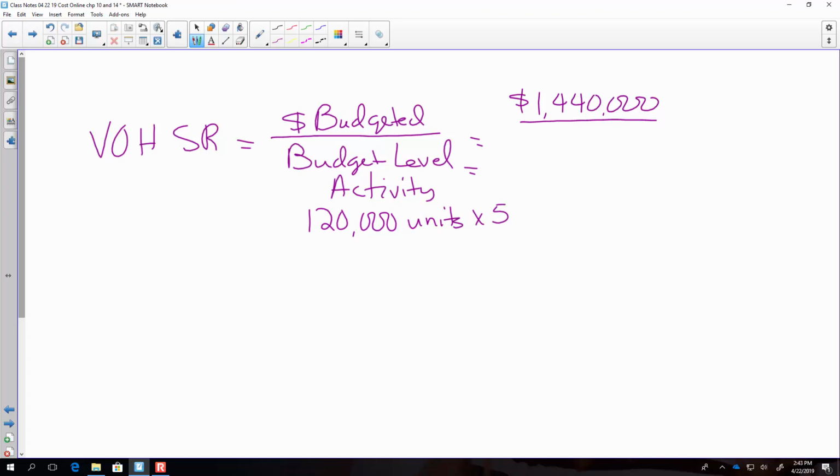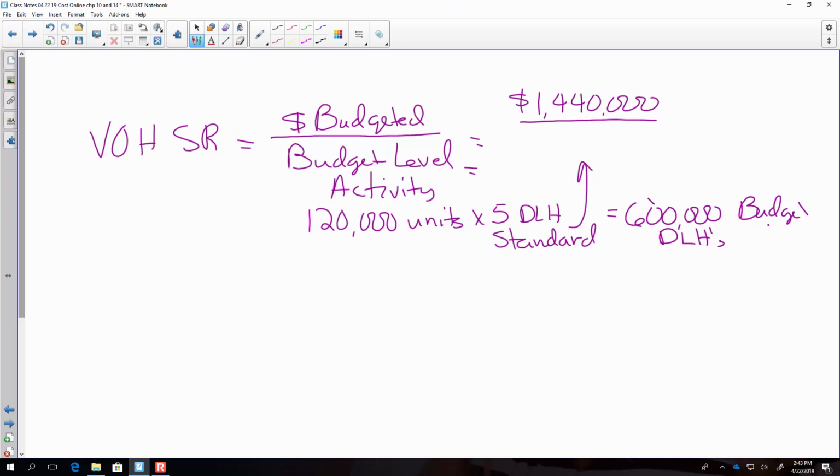And we are going to use direct labor hours here, the standard again, to come up with our denominator located underneath. So this in total then gives us 600,000 budgeted level, right? This is a budget number of direct labor hours that should be incurred during the year.